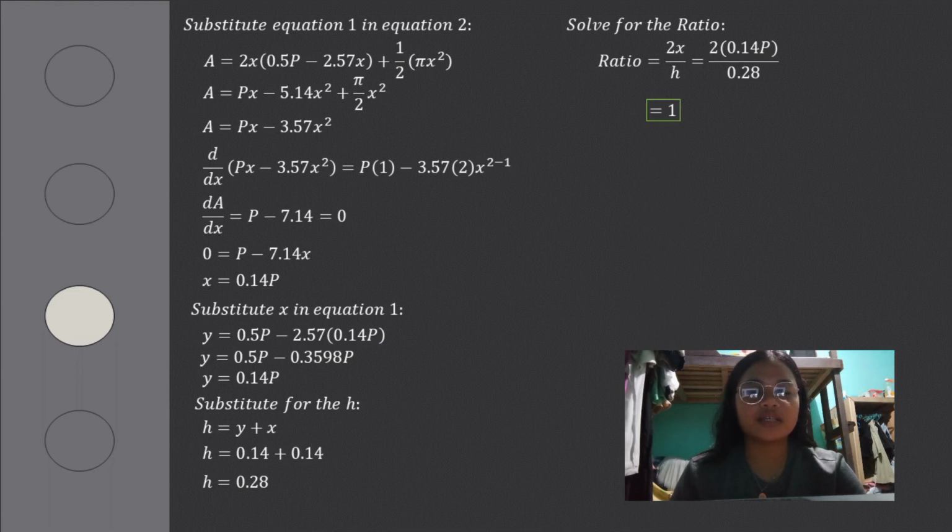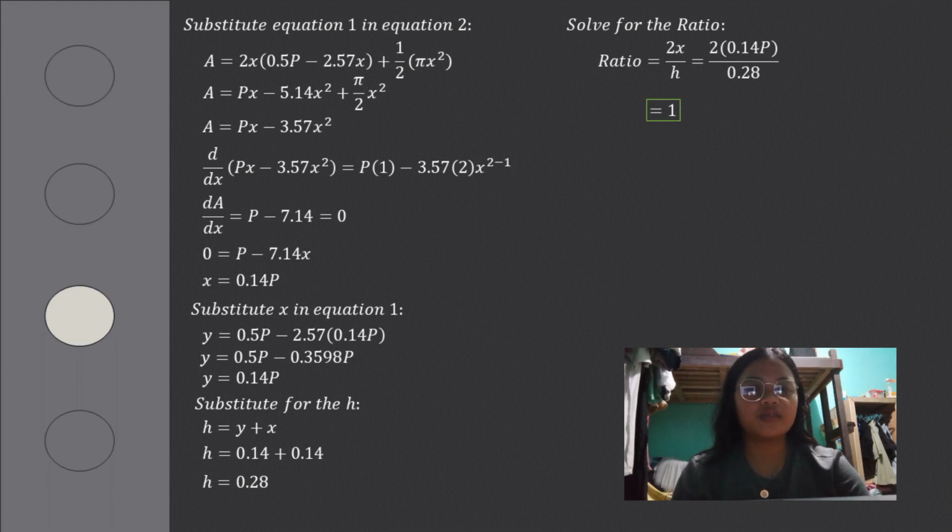Y equals 0.5P minus 0.3598P. So, y will be equal to 0.14P. So, this format is gikan siya sa mga formula nga akong giingon kagaina nga naa diri.